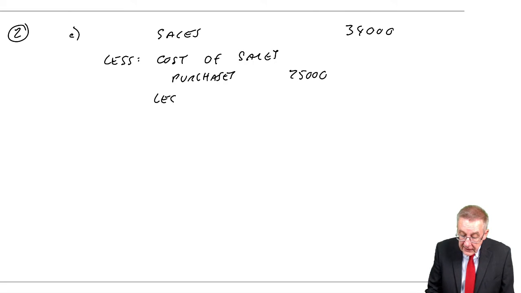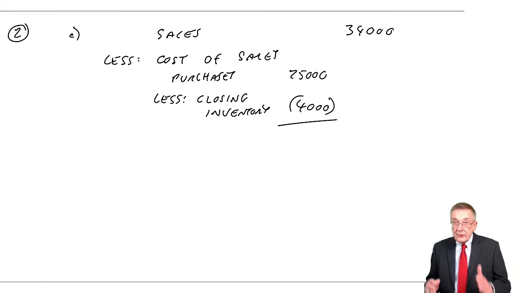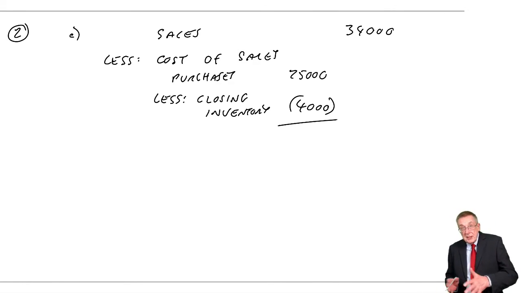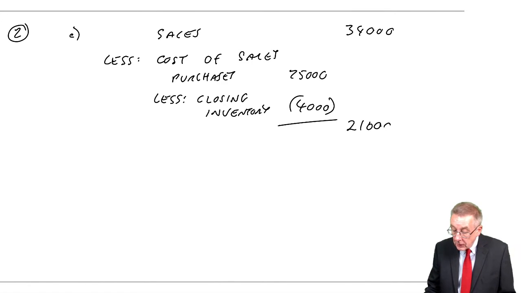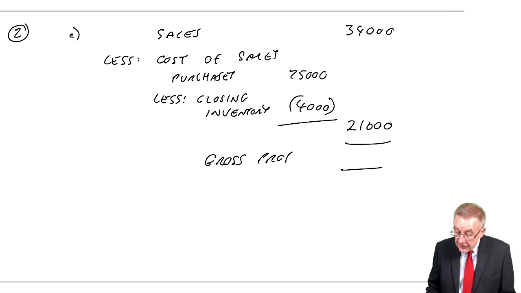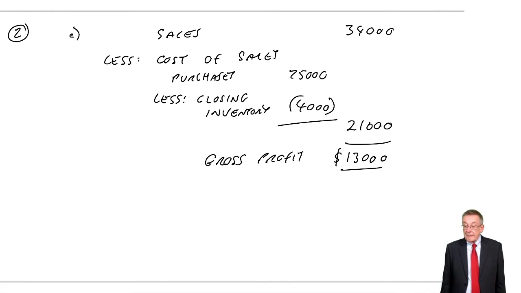To get the cost of sales, we subtract the closing inventory, the inventory at the end of the year. So after the 25 bought, 4,000 was still there. Only the remaining 21,000 was sold. They were sold for 34,000, and therefore the profit was 13,000. So that's what we want to achieve.